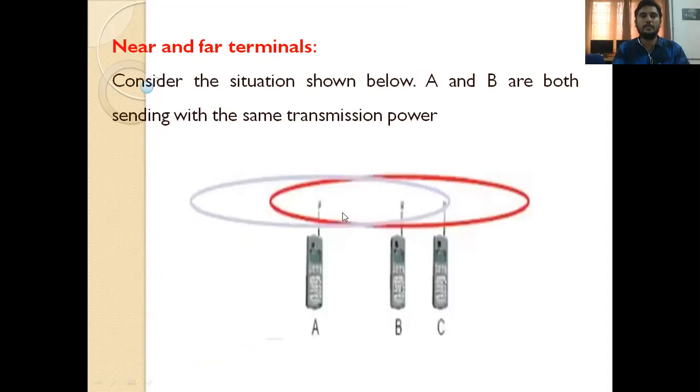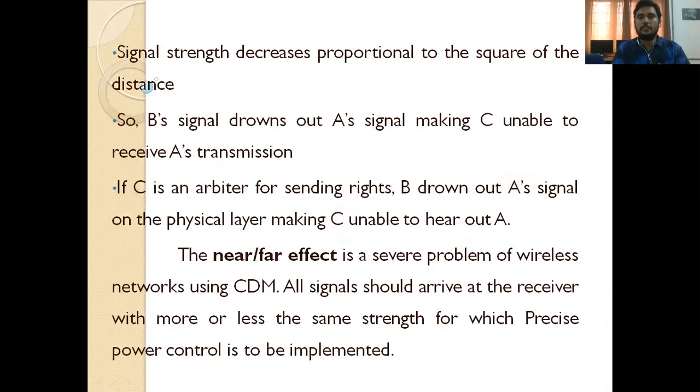This is the near and far terminal problem. Generally, if a near device is communicating with a near terminal, it is very difficult for the terminals to communicate with one another. The near and far effect is a severe problem of wireless networking using CDM. We already discussed one example: user 1 in Vijayawada, user 2 in Hyderabad, and user 3 again in Vijayawada.